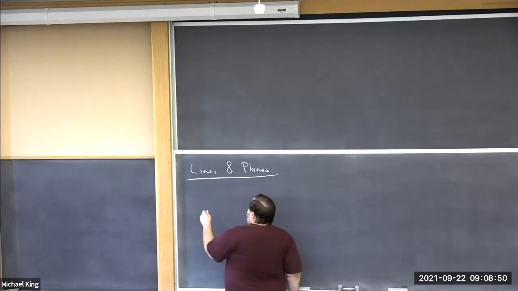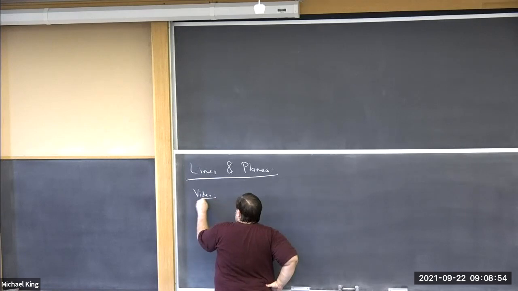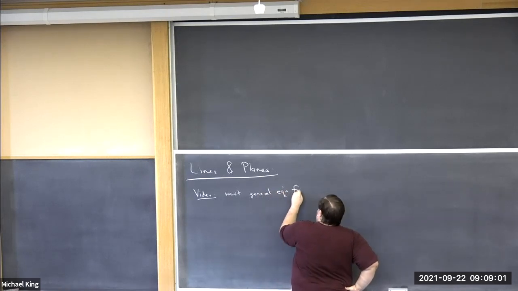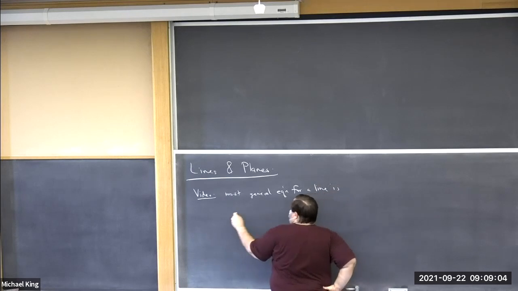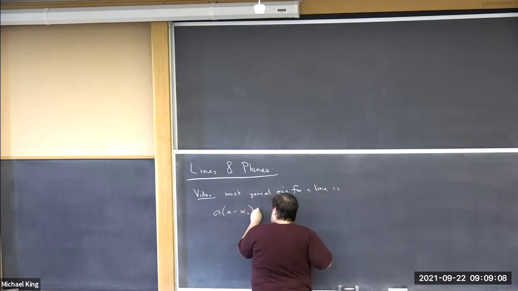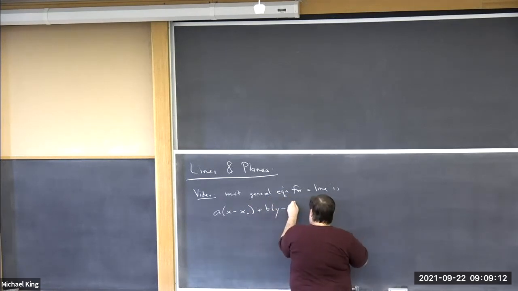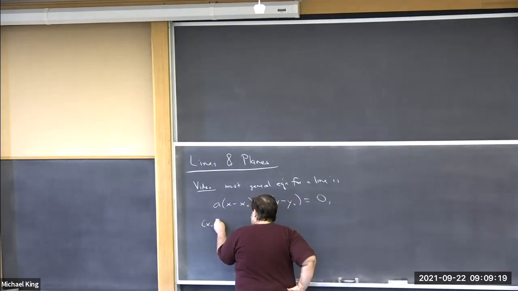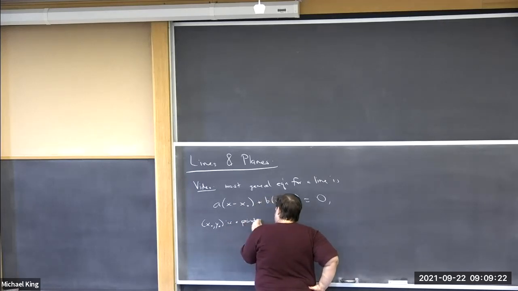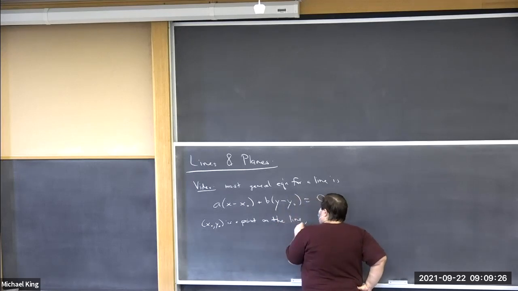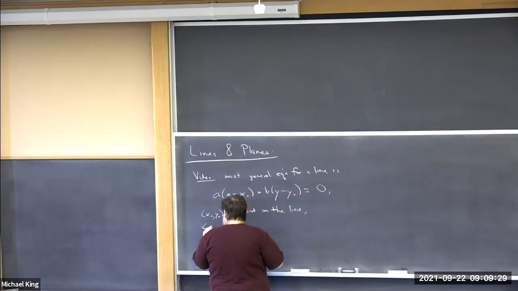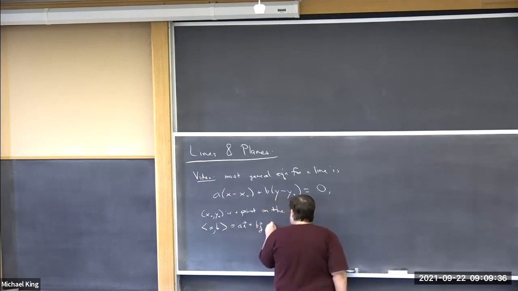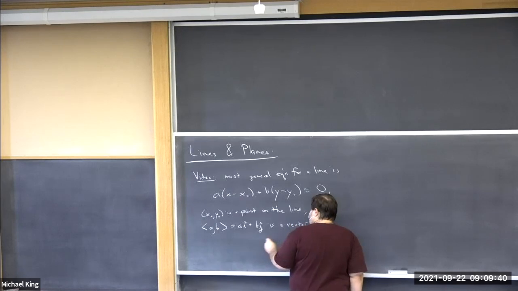But the video got down to the idea that the most general equation for a line is a times (x minus x naught) plus b times (y minus y naught) equals 0, where (x naught, y naught) is a point on the line, and (a, b), or ai plus bj, is a vector perpendicular to the line, which we call normal.